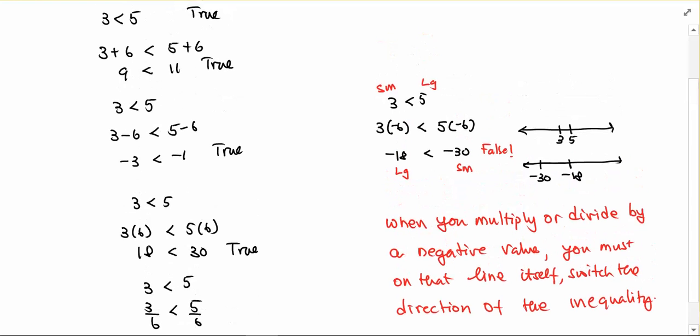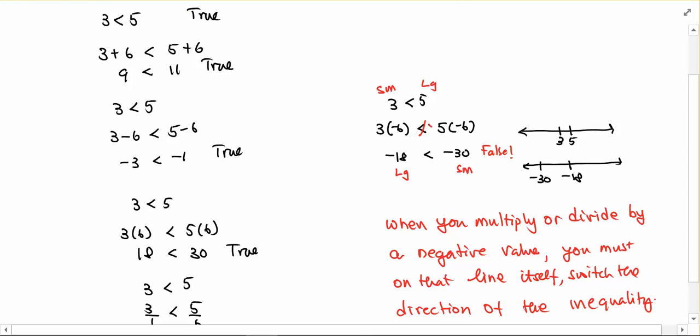So really, this inequality right here should become that, and this then remains that.